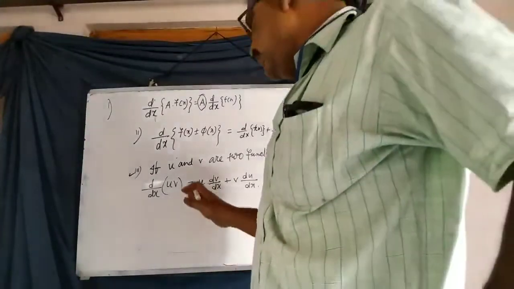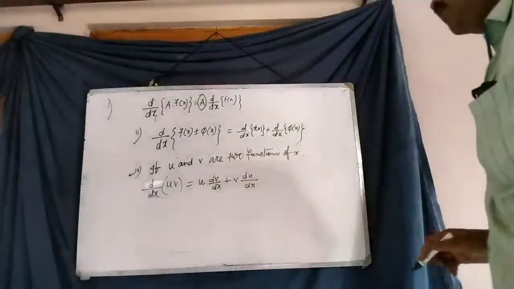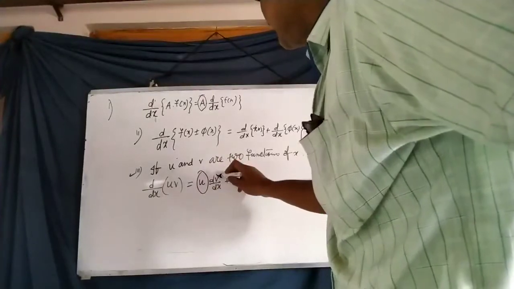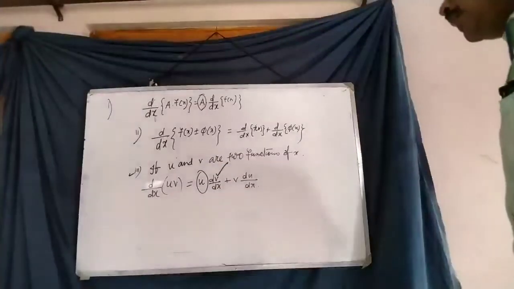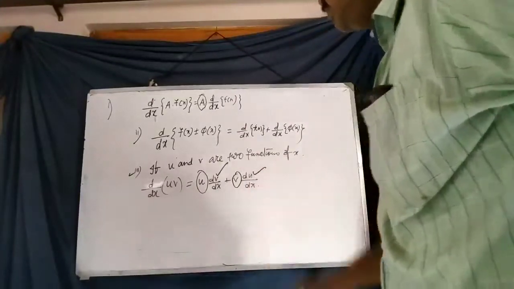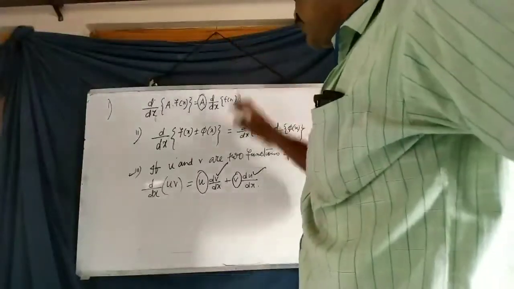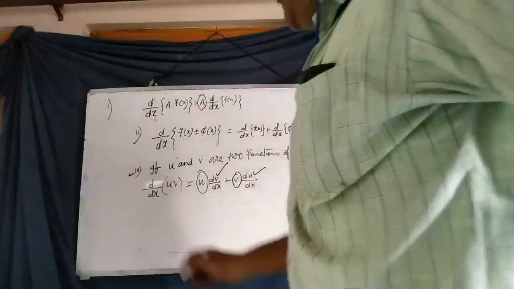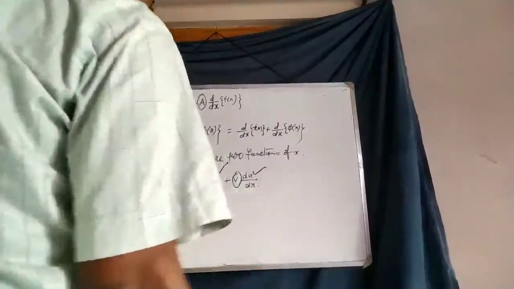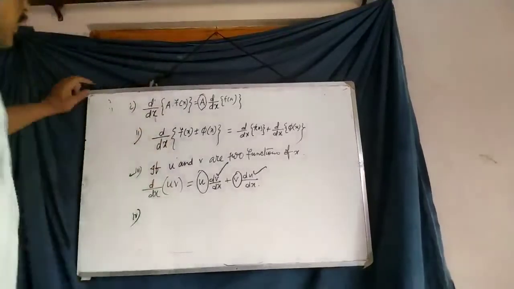The differential coefficient of the product of two functions is equal to first function unchanged, derivative of second, and the second function unchanged, derivative of first. Therefore, already we have discussed three theorems, and now we are going to the fourth theorem.